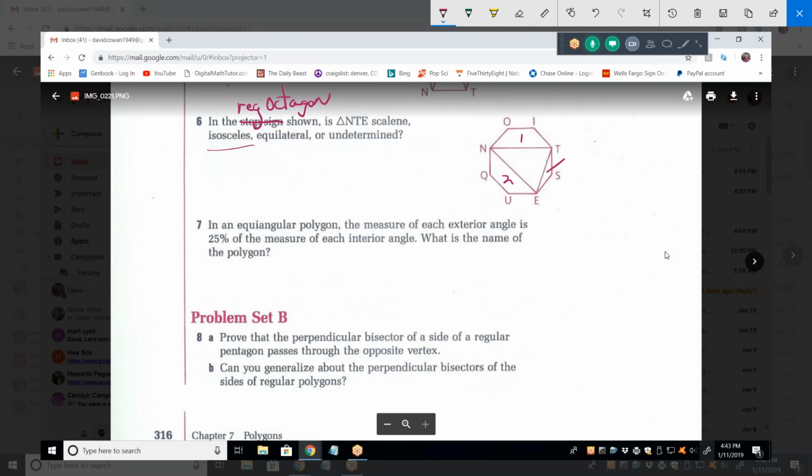I would say it's not for sure, which means the only thing we can determine is that this is equal to that, and we have an isosceles triangle. Definitely not scalene, it's not undetermined, and because of this part here, it's not equilateral.